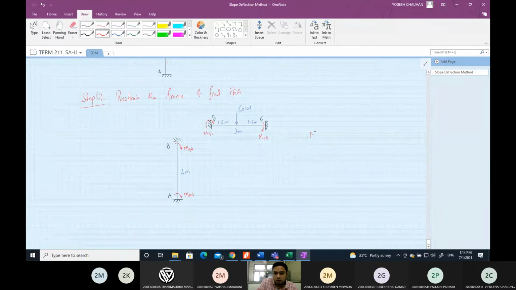So here MAB will be 0. MBA is also 0 because there is no load on that span, on member AB. Then MBC will be equal to minus 60 into 3 by 8, and MCB equals 60 into 3 by 8.